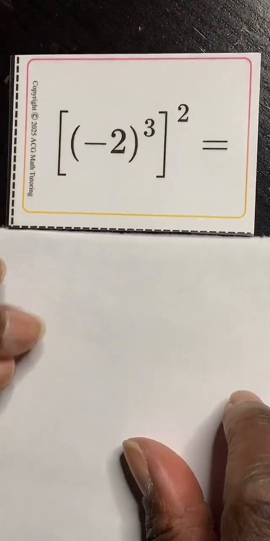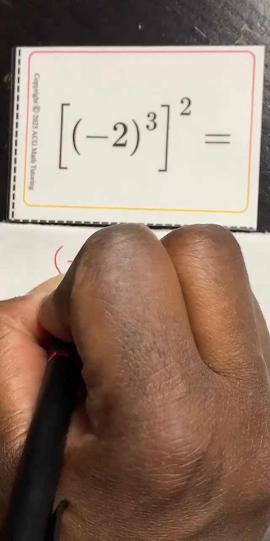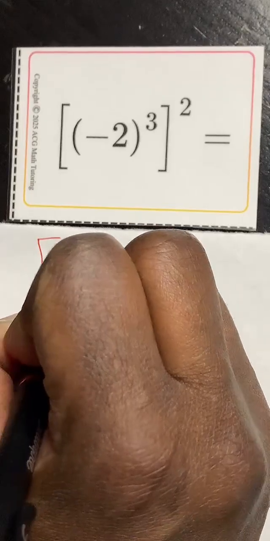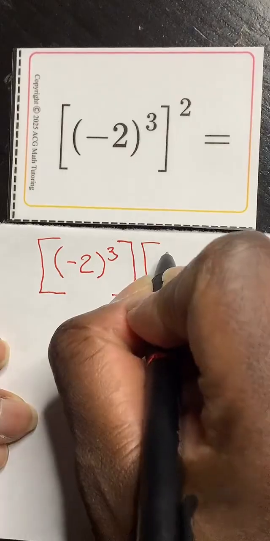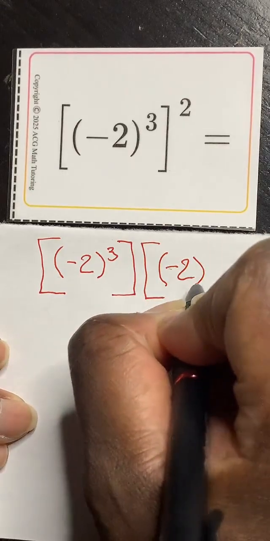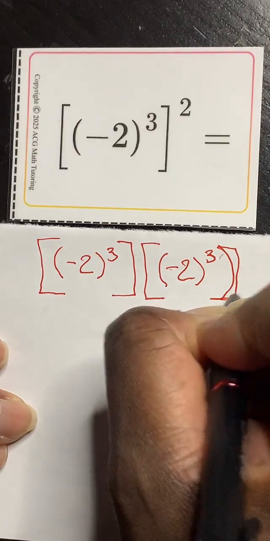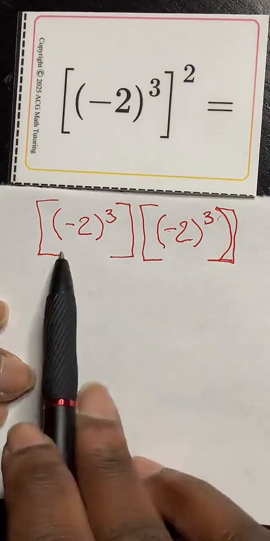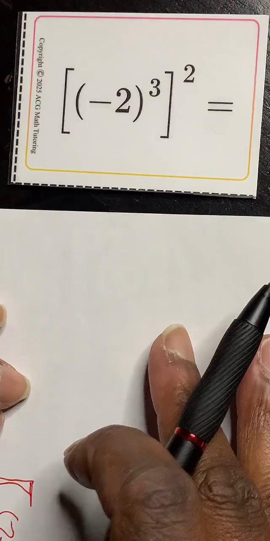So it's basically saying, let's take this negative 2 raised to the 3rd power and multiply it by negative 2 raised to the 3rd power. This looks confusing, right? So let's keep it simple.